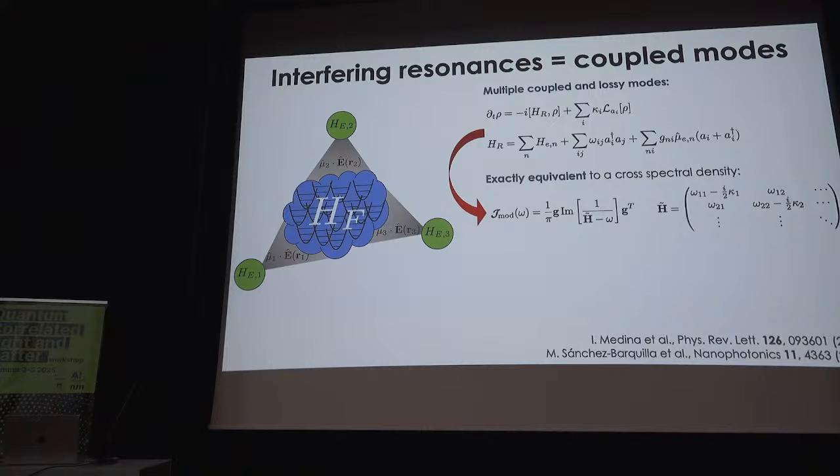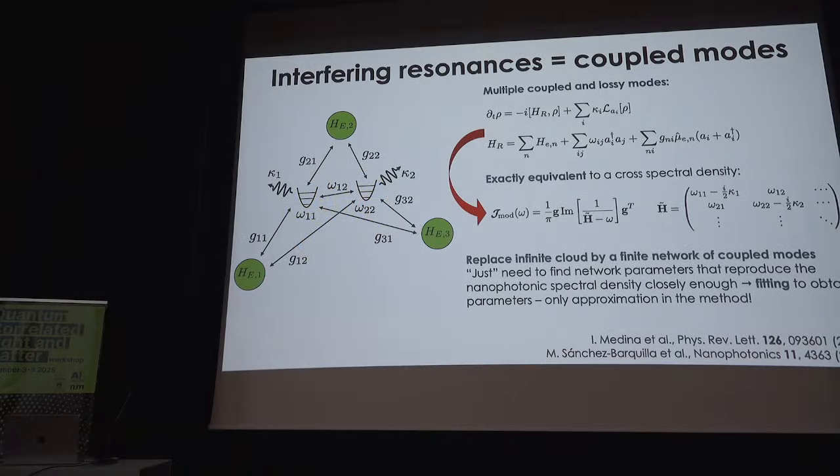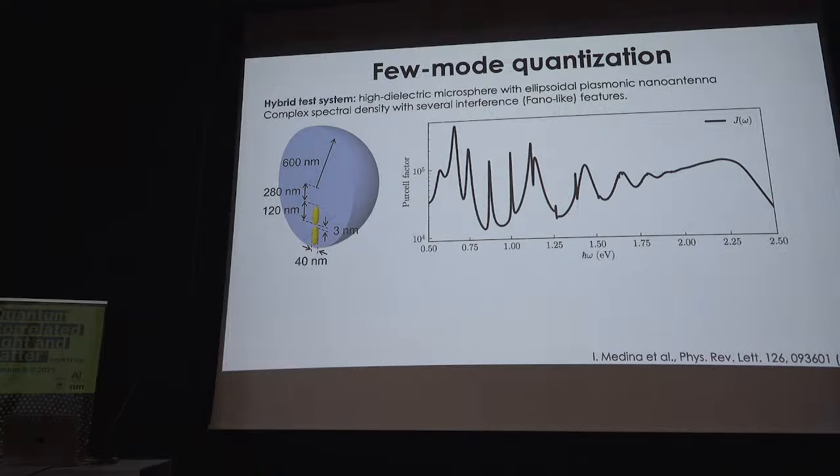So what I'm really doing is replacing this infinite cloud of harmonic oscillators with a network of modes. All I need to do is find the parameters of this network that give me the same spectral density as the emitters actually feel.